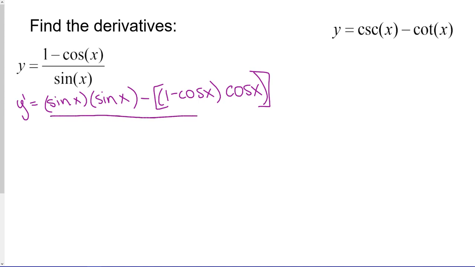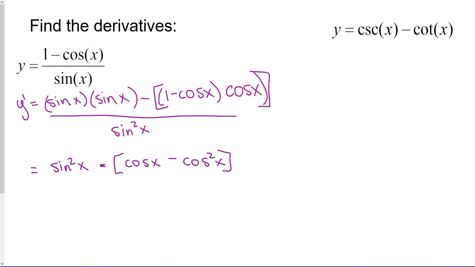And this is all over sine squared of x. We're just going to go ahead and simplify some stuff here. So we have sine squared x minus cosine of x minus cosine squared of x all over sine squared of x. We're just going to do this again.